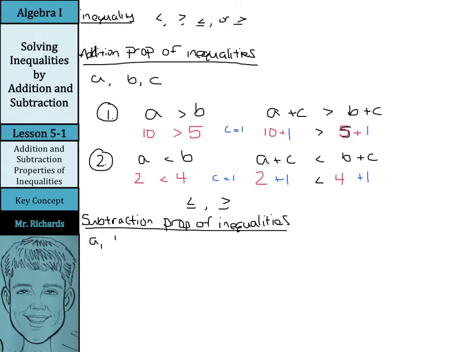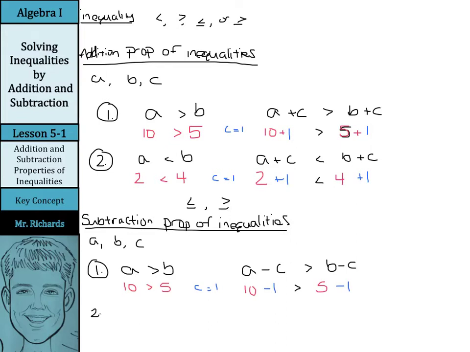If we have A, B, and C, basically once more, if A is greater than B, then A minus C has to be greater than B minus C. And if we use our 10 and 5 again, if 10 is greater than 5, and it is, and let's say C is 1, then 10 minus 1 is going to be greater than 5 minus 1. And of course, 9 is greater than 4, so the inequality still holds true, as it should, with this property.